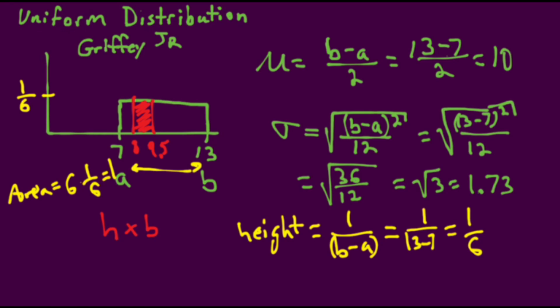So to again focus in, what if we want the height times the base of the red? Well, we know the height now, so this is 1/6 times, what's the base? Well, it's 9.5 minus 8, so it's 1.5. So we get 1/6 times 3/2, which is 3/12.